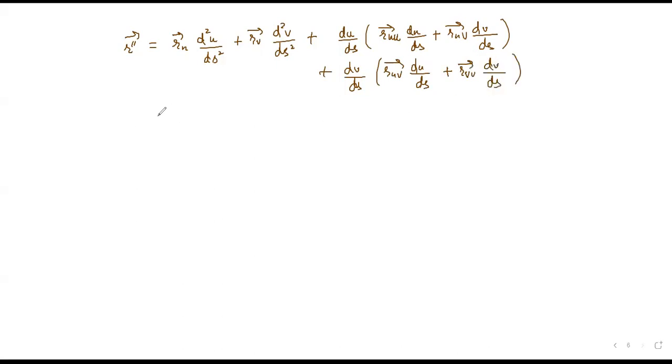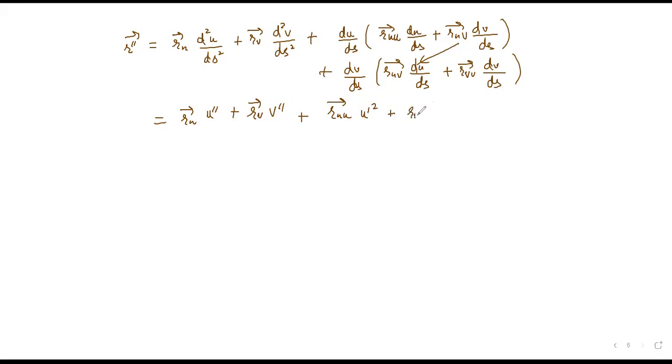और ये सब करते करते इसको मैं लिख सकता हूँ r sub u, इसको मैं u double dash लिखता हूँ, differentiating u with respect to s twice. इसी तरह से r sub v into v double dash. Then I should have, अगर मैं इसको लिखूँ r sub uu du by ds into du by ds, इसको मैं लिखूंगा u dash square सीधे, वो भी चलेगा, u dash square plus, अब इन दोनों को मैं कंबाइन कर सकता हूँ.